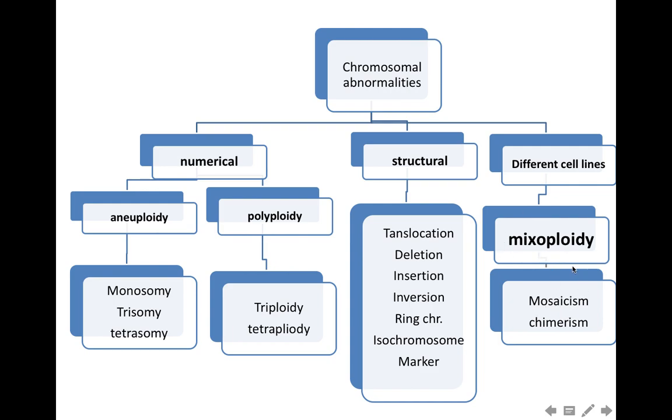There are two types of mixoploidy: mosaicism, if it develops from the same zygote during the mitotic division after formation of the zygote, or chimerism, which originally was a twin pregnancy where the two fertilized ova, in the early phases of cell division, came close together and there was mixing of cells between the two twins.